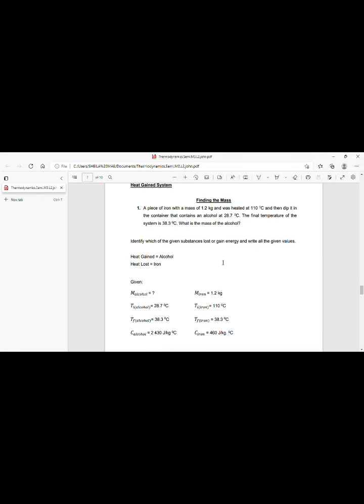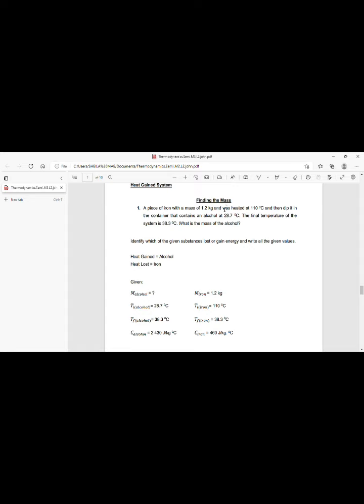So first we need to identify which of the given substances lost or gained energy. So the heat gain is alcohol. Why? Because as you can see here, the heated iron was dipped in the container that contains an alcohol.